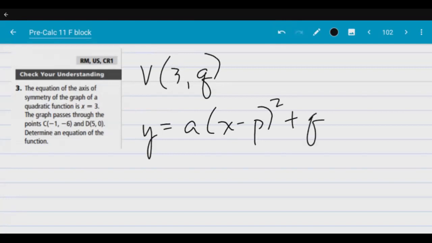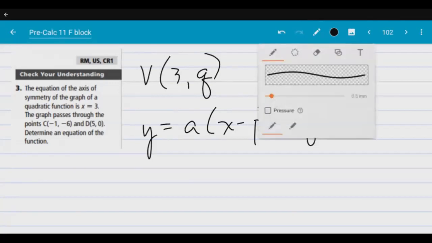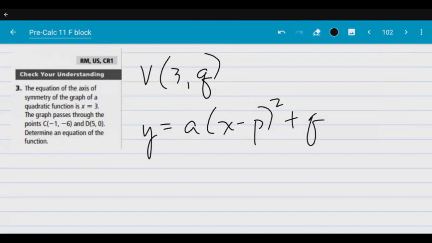If we are going to follow what we did in the previous checker understanding, we will have to solve for the other variables until we are able to create the equation. Okay, so what else can we use? Right now, we only have a 3 for the p.